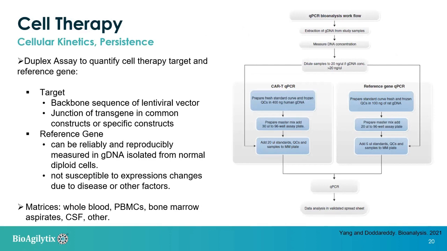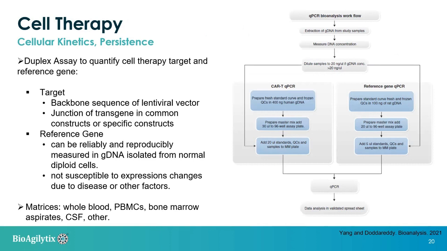In order to set up a cellular kinetics or a persistence assay for a cell therapy, it's commonly performed by developing two assays or a duplex assay. One is to detect the cell therapy target, and this is done to target the transgene of the cell therapy. And the second assay is for a reference gene to normalize the reportable.